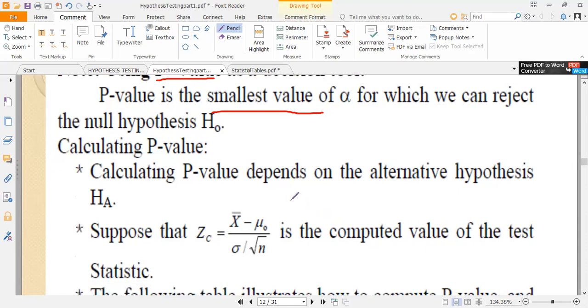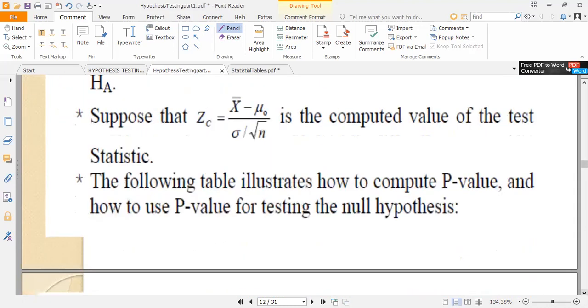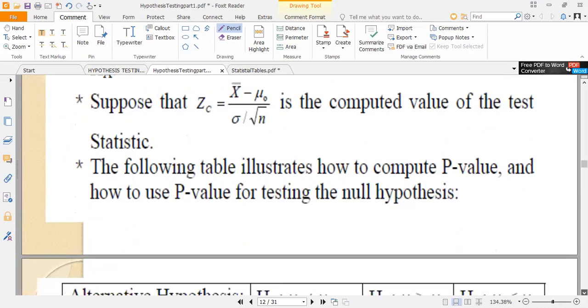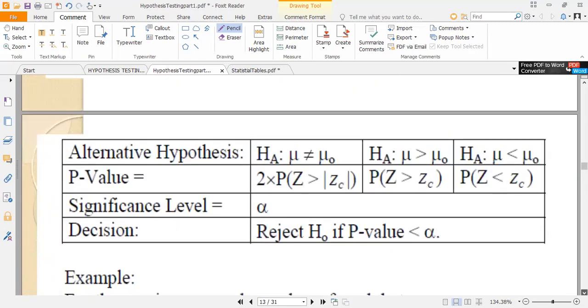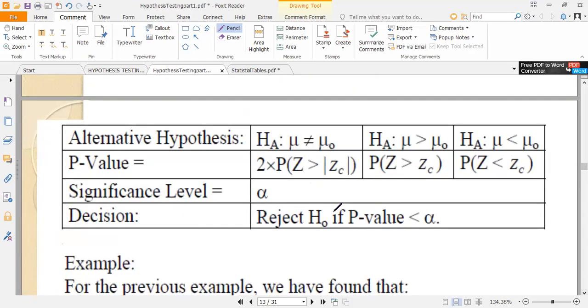Calculating the p-value depends on the alternative hypothesis. Suppose we had our Z calculated, which is x bar minus mu over the standard deviation over the square root of n. This is what we call the test statistic. So now this is how we calculate the p-value.